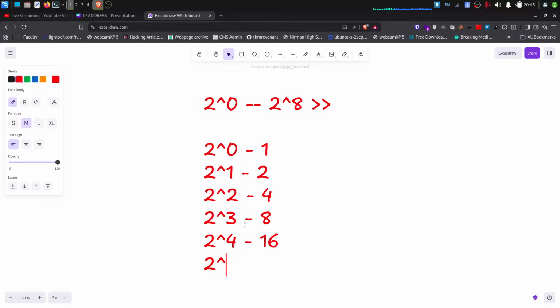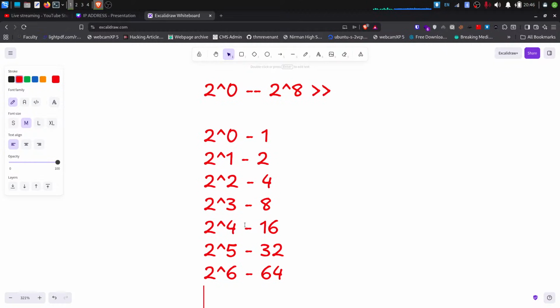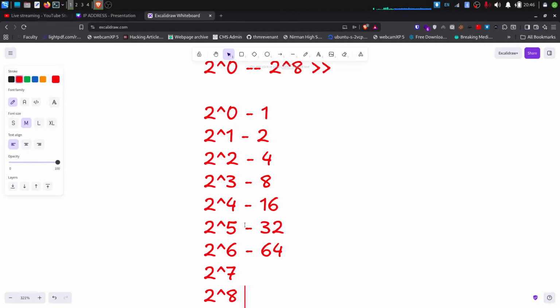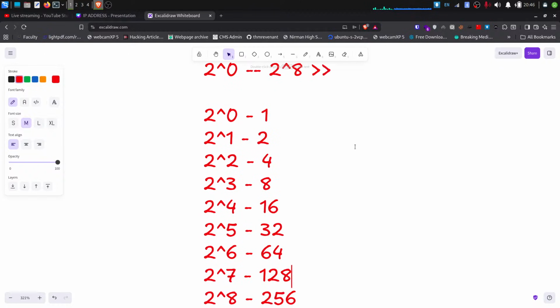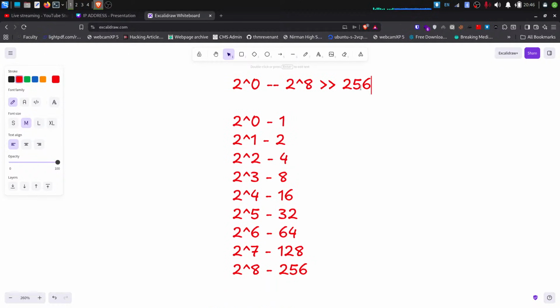Then 2 to the power 5 is equal to 32. Then 2 to the power 6 equals 64. Then further 7, which is 128, and further we have 8, and 8 is basically 256. This is the basic breakdown, and the range basically here is 256. Okay, I'll just move further. Yeah, 1 to 256.